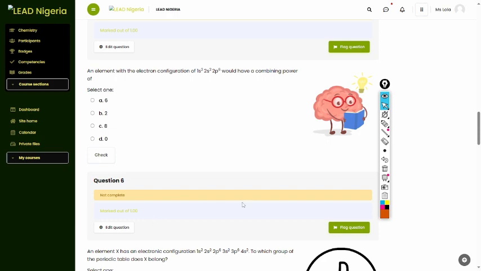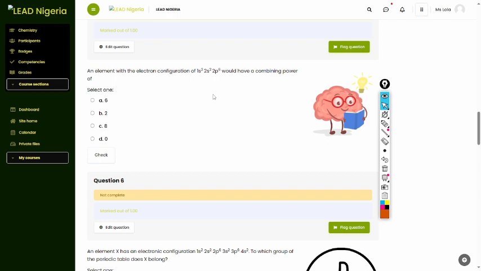So looking at this configuration, the highest shell here is shell 2, because the highest integer we see is 2. So we'll combine the total number of electrons in the s and p orbital under shell 2, and that gives us a total of 2 plus 6, that's 8. So the total number of electrons in the outermost shell of this atom is 8.